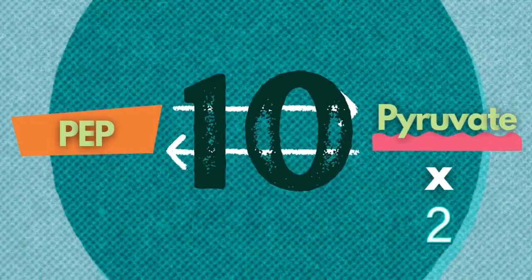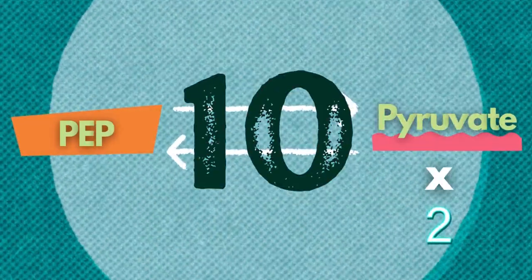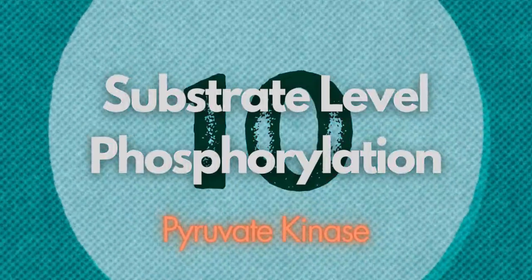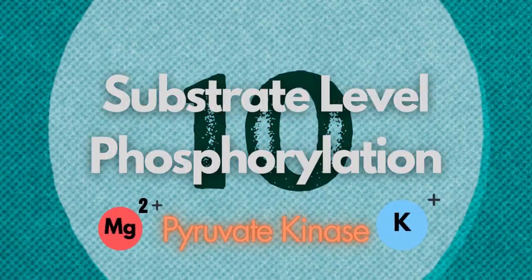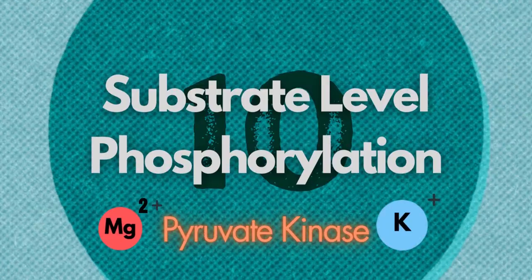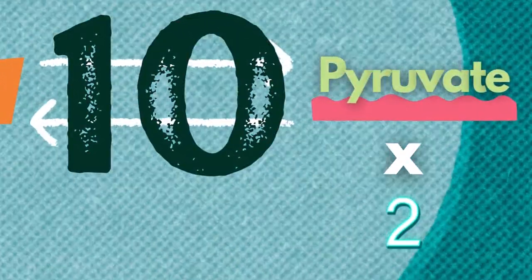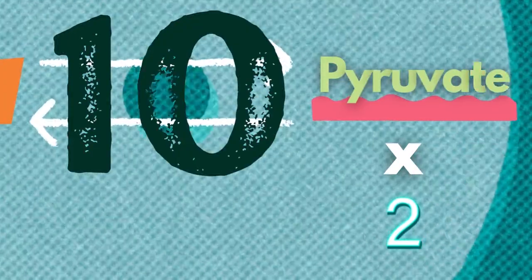Finally, the last step of glycolysis, step number 10, where phosphoenol pyruvate is converted into pyruvate. This step is the second substrate level phosphorylation, catalyzed by pyruvate kinase and assisted by magnesium 2 positive ion or potassium ions. Finally, we get 2 molecules of pyruvate at the end of this whole pathway.